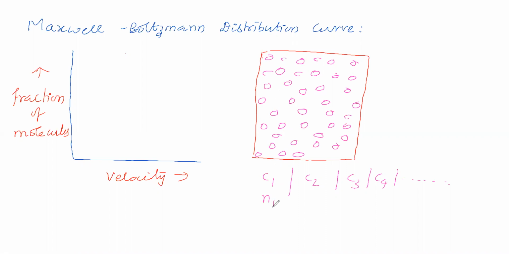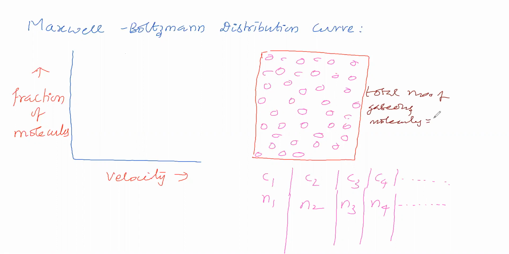Suppose we will take n1 molecules are having velocity c1. Like that, n2 molecules are having velocity c2, n3 molecules are having velocity c3, n4 molecules are having velocity c4, and so on. Now, what is the total number of molecules that we will see? We will see total number of gaseous molecules.